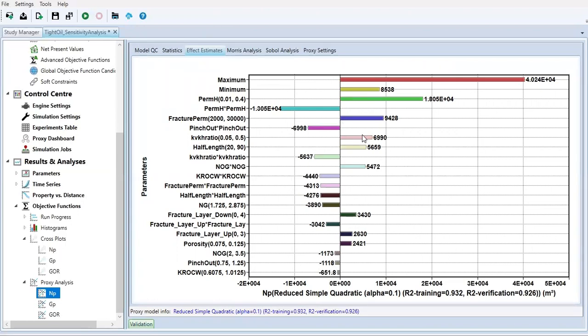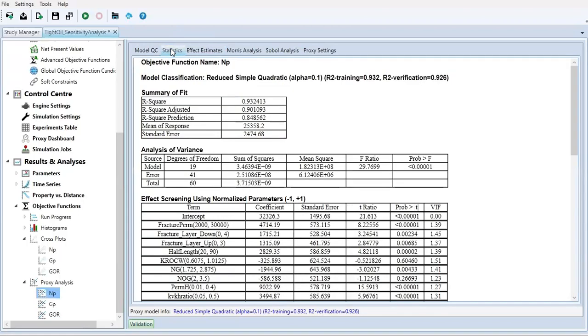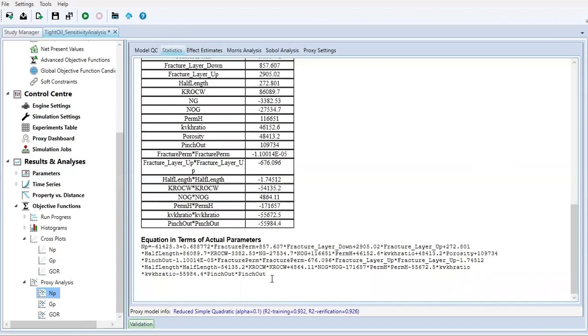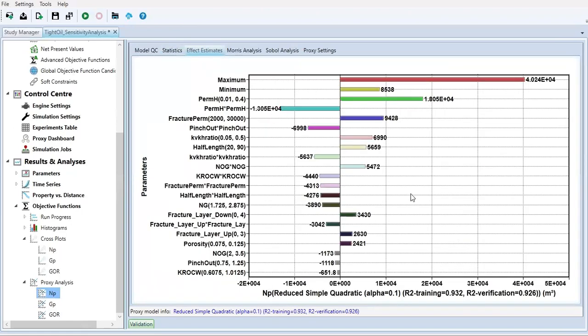Then KVKH ratio, and half length, quite important, but not as important as the perm H. Interesting, right? So I think this is another thing that you want to get ultimately from CMOS. If you run CMOS, you want to get this equation, and you also want to get this visualization.